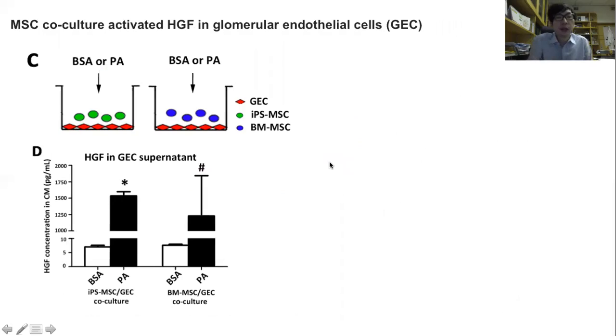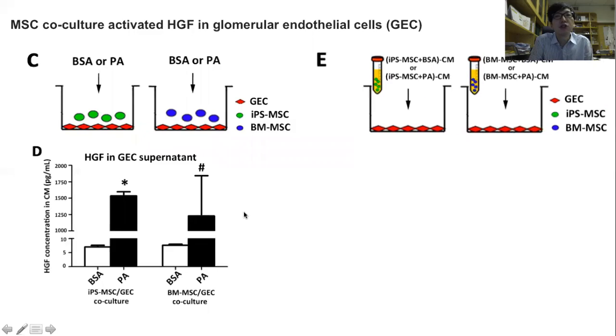So to further substantiate these phenomena, we performed co-culture in which the mesenchymal stem cells are co-cultured with glomerular endothelial cells, and you can then see the production or synthesis of hepatocyte growth factor in the cell culture supernatant, as shown here.